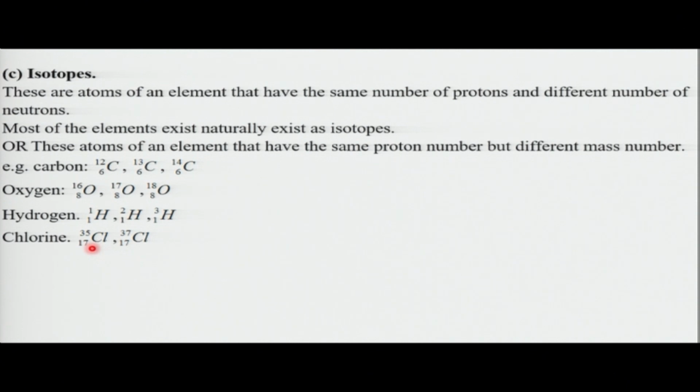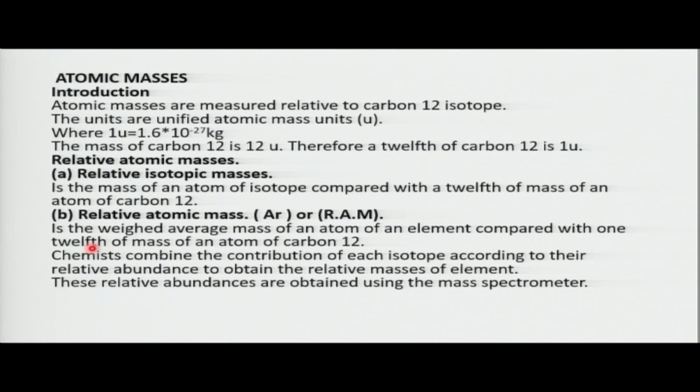So let's try to discuss atomic masses. Atomic masses are measured relative to the carbon-12 isotope. Normally in every scientific measure, we measure relative to something, so it is hard to be independent.